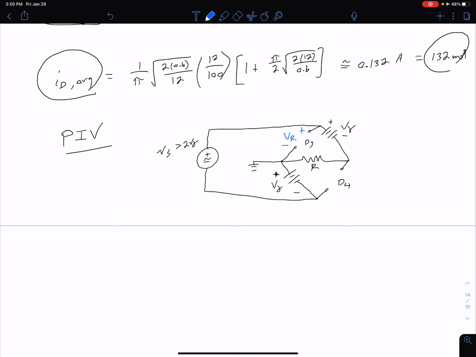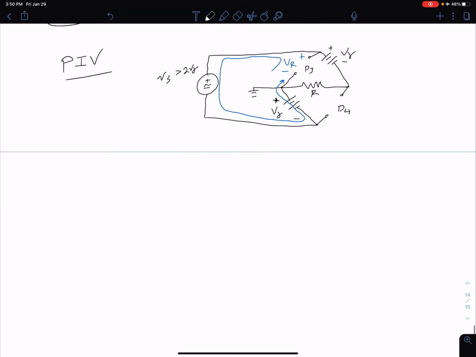So what we can do is KVL to figure that out. We can say VR is equal to VS minus V gamma, and then we're back where we started. So our PIV, our peak inverse voltage, is equal to the maximum value of VS, because of course we want this to be as high as possible, minus V gamma.